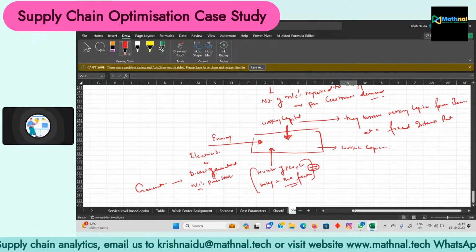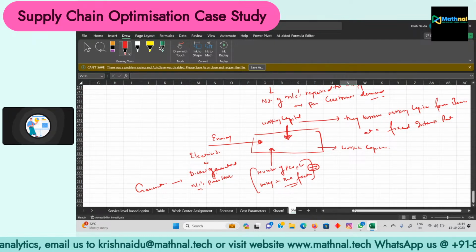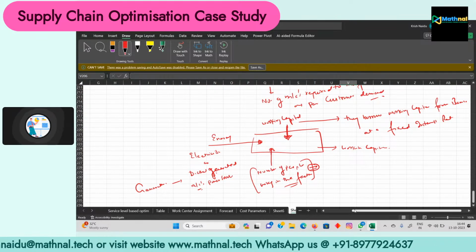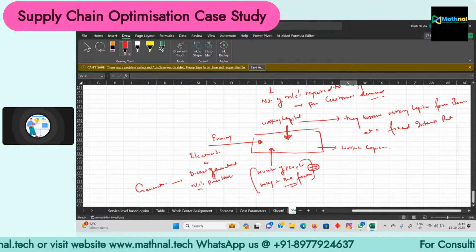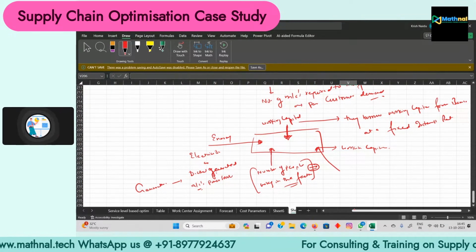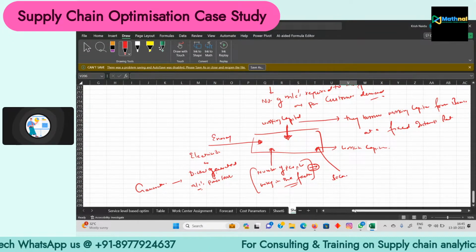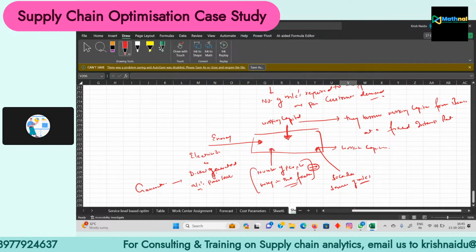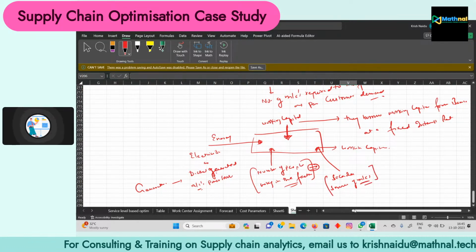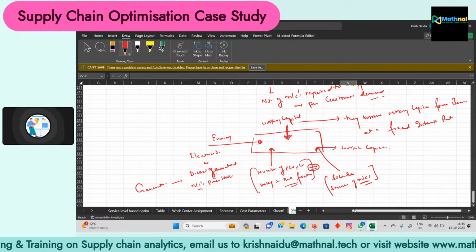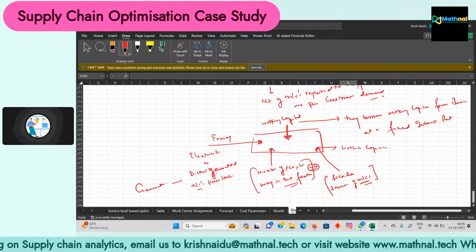You need to have the right energy source, the right electric source, and that source has to be there. The other input is your secondary source of machines. Suppose your primary source of machines fails, you have a secondary source of machines to use, whether you have it or do not have it, right?